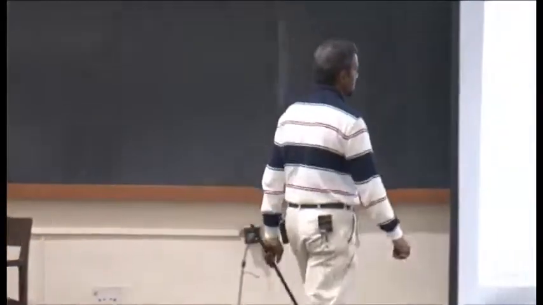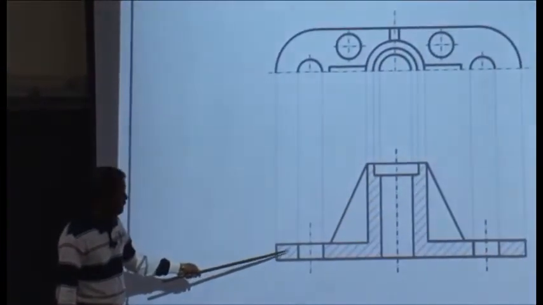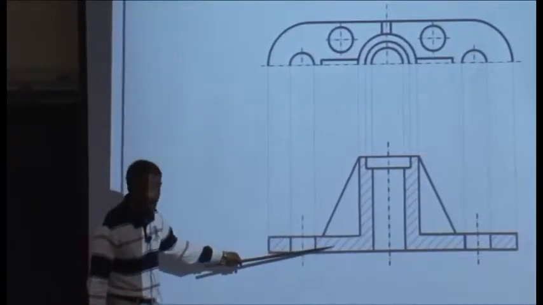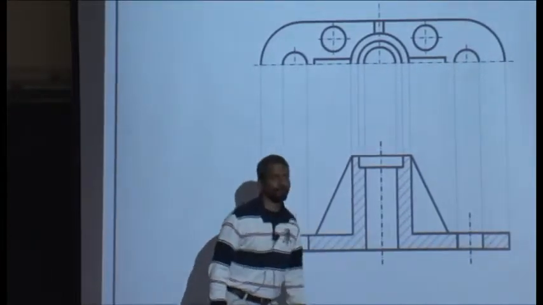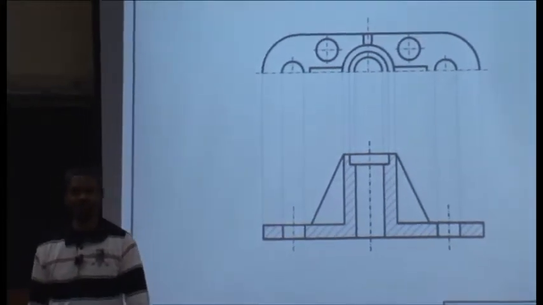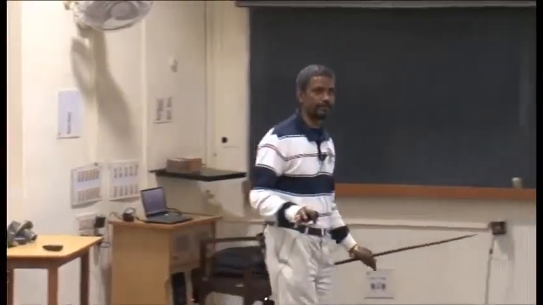This essentially means that you have material here, no material here, on the section plane, material here, no material here, material here. The triangles, I'll come to that. Okay, for now.